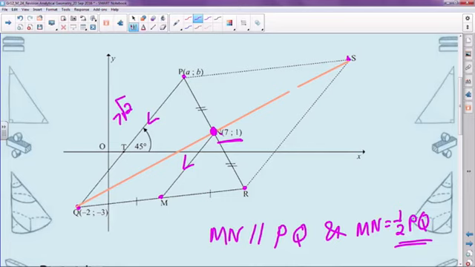So therefore this point N, which is 7 and 1, is going to be the midpoint of line PR and also the midpoint of line QS.